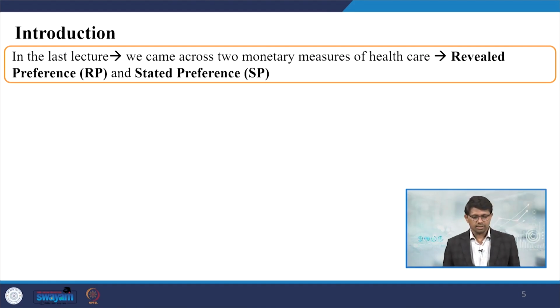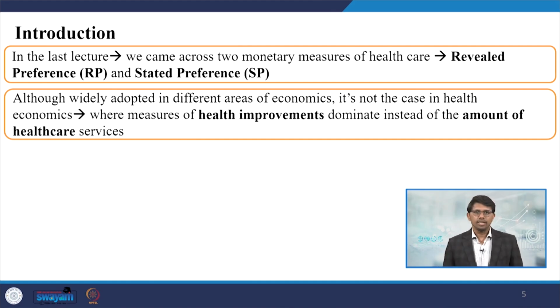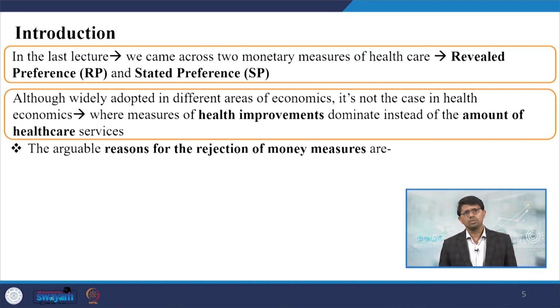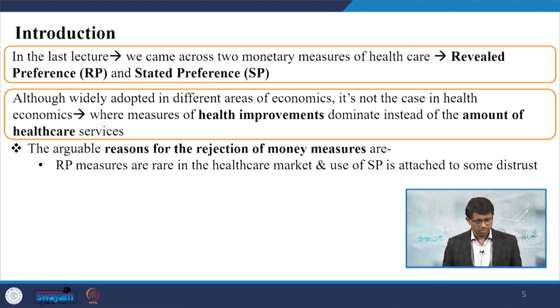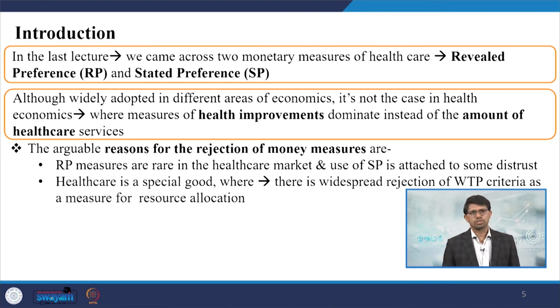In the last lecture we came across monetary measures of health, that is RP, revealed preference, and SP, stated preference methods. Although widely adopted in different areas of economics, it is not the case in health economics, where measures of health improvements dominate instead of the amount of healthcare services. The arguable reasons for this rejection of monetary measures include that revealed preference measures are rare in the healthcare market, and the use of SP, that is stated preference, is attached to some distrust.